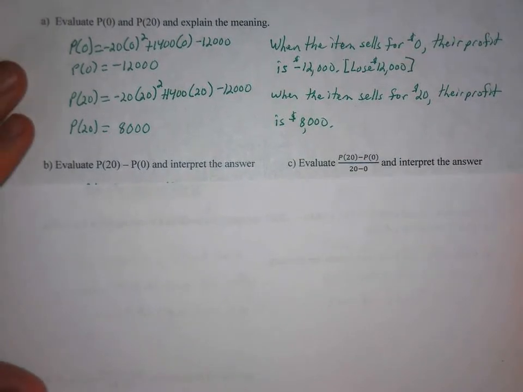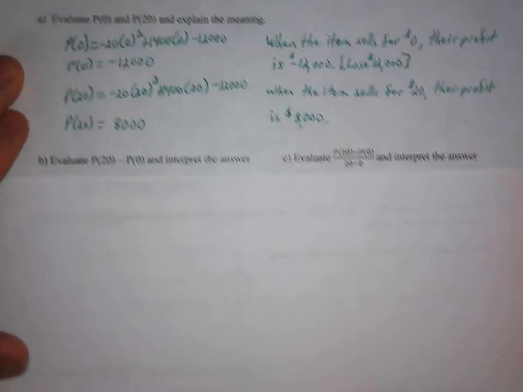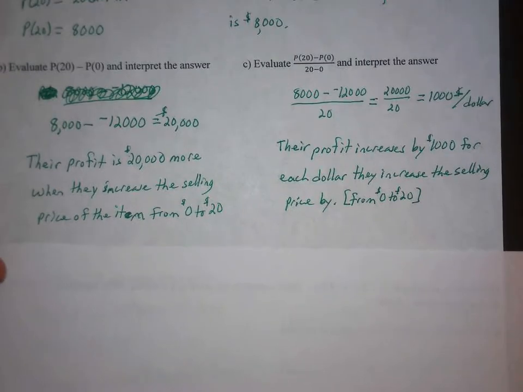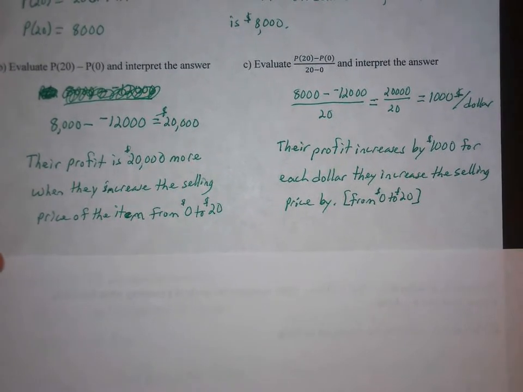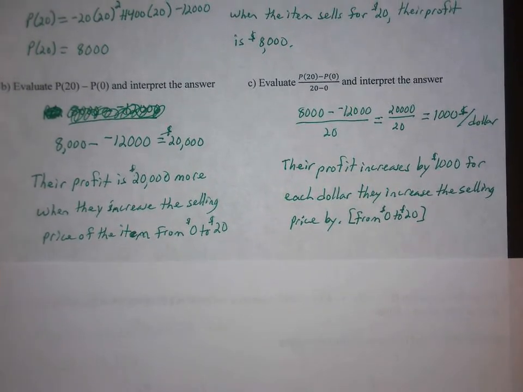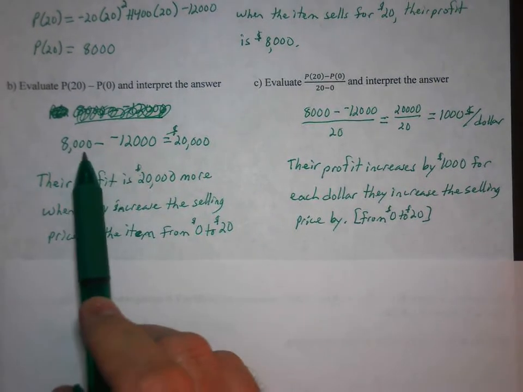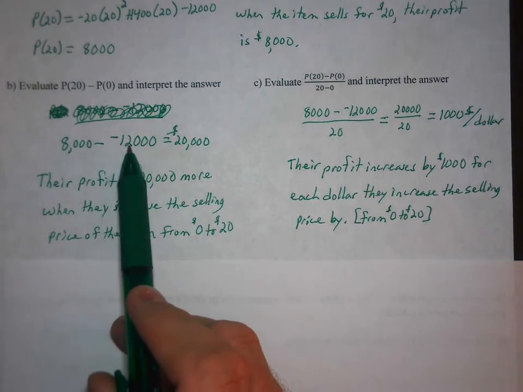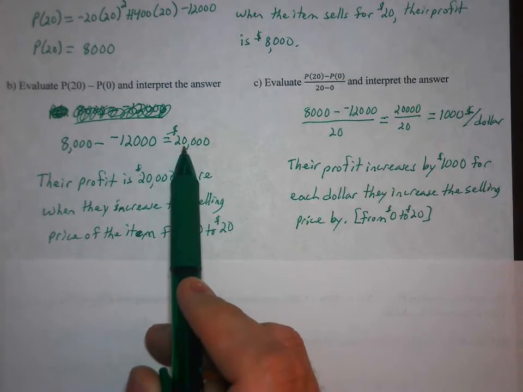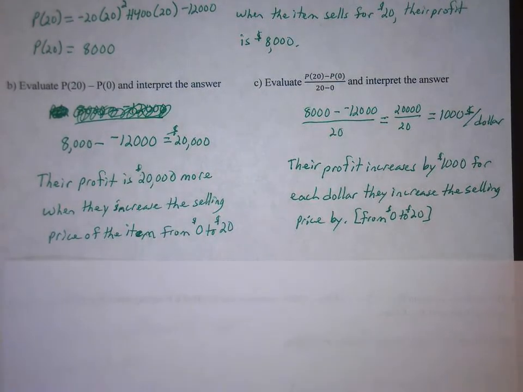So again, pause the video and do it, and I'm going to show the answer. So in the first one, 8,000 minus negative 12,000 is 20,000, which is just saying that their profit is $20,000 more when they increase the selling price of the item from $0 to $20.